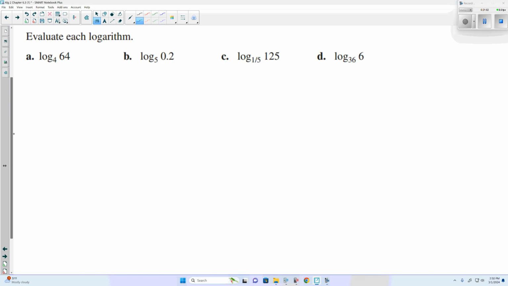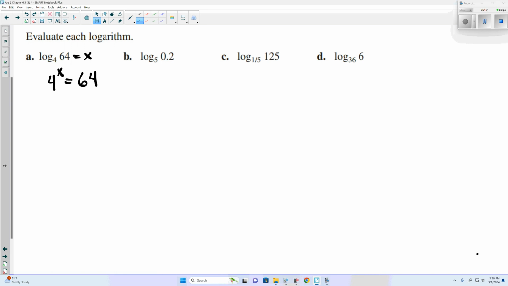But we're going to evaluate each of these logarithms. And there's different ways we can go about it. And there's more ways that we can do this once we get the properties of logarithms and understand how they work, and especially with those two there. But for these first few, we're going to set this equal to x and rewrite it as an exponential. So log base 4 of 64 equals x. If we rewrote this as an exponential, it would be what? 4 to the x is equal to 64.